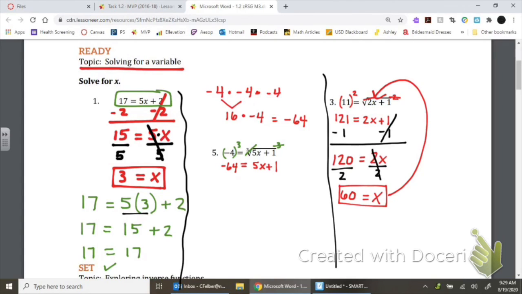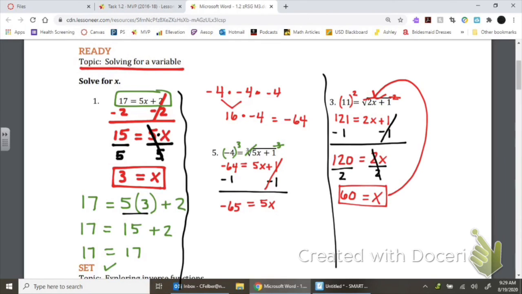And now again, this equation looks like number 1. So I would subtract 1 from each side. The 1s would cancel out, and I would be left with 5x on the right. Negative 64 minus 1 is going to be negative 65.